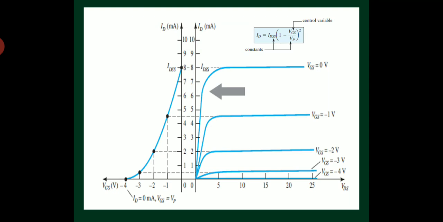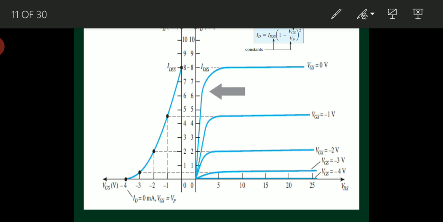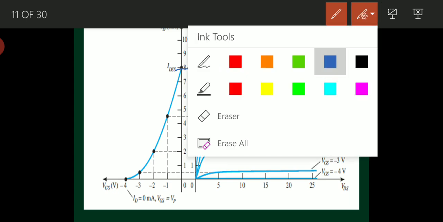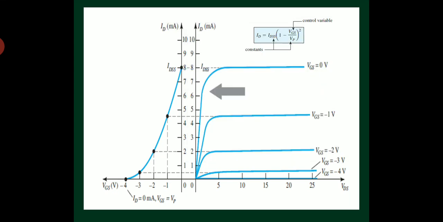In this example, 8 milliamps is the IDSS value. It is a constant for a given FET.